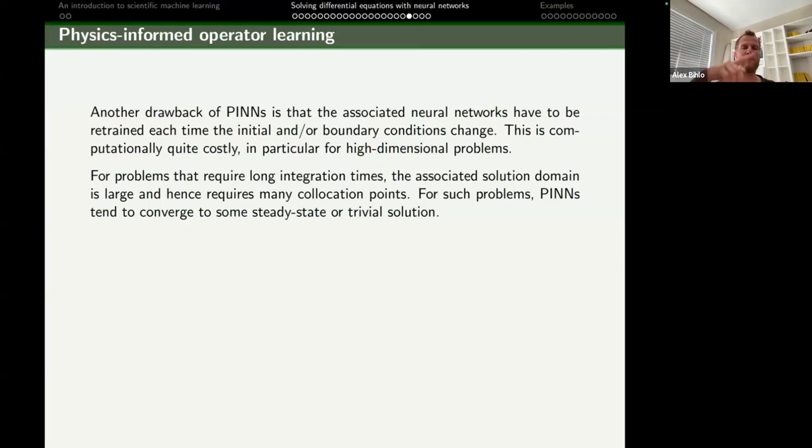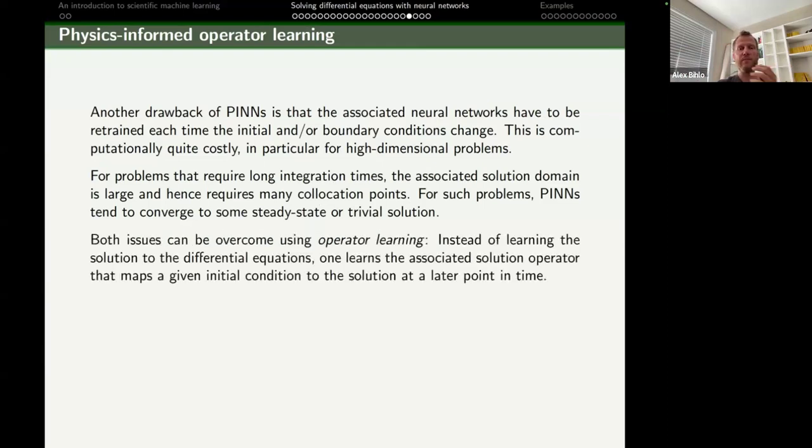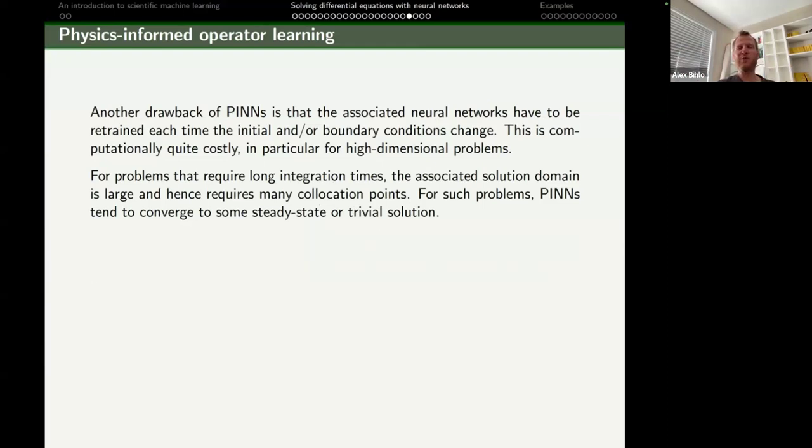What would typically happen is it behaves like a damped harmonic oscillator. So you begin with a few oscillations and the solution goes to 0. That tends to be the case for PINNs. So they can't optimize if you have a long integration time, unfortunately. So that's obviously not great. Those are two pretty bad downsides.